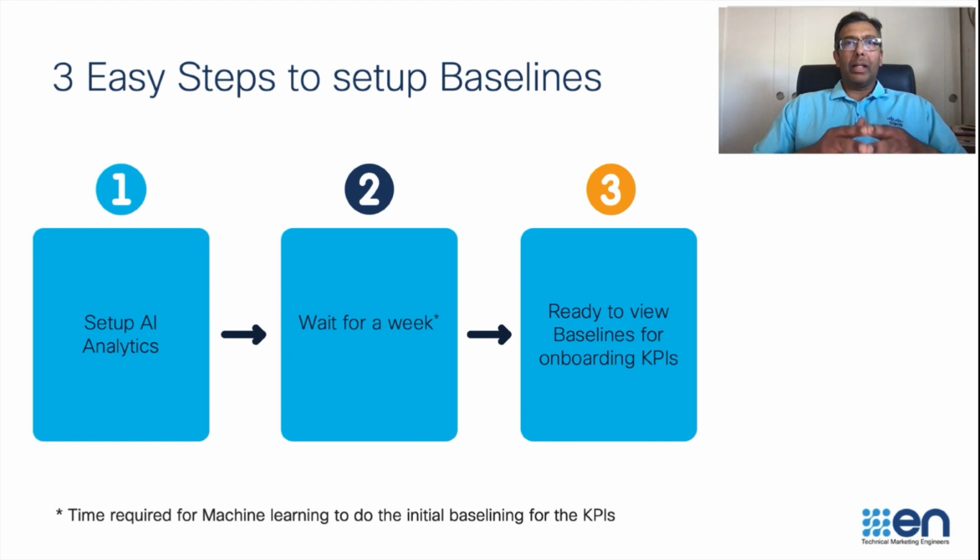After that, it takes about a week for the machine learning algorithms to run on this data to create the initial dynamic baselines for different onboarding KPIs like onboarding times, onboarding failures, DHCP time, AAA time, etc. After that, the network admin can view the baselines dashboard and see how these onboarding KPIs are performing for different buildings.